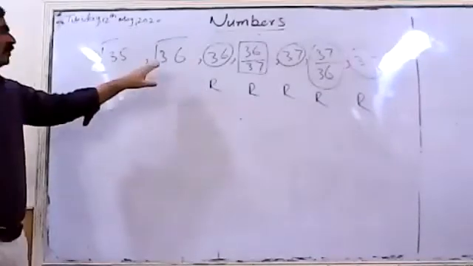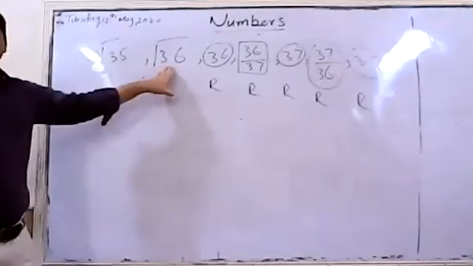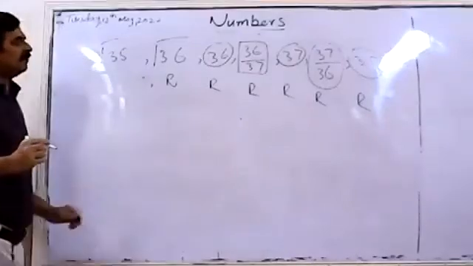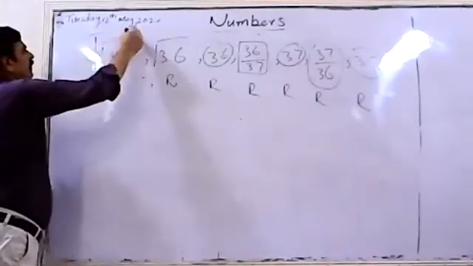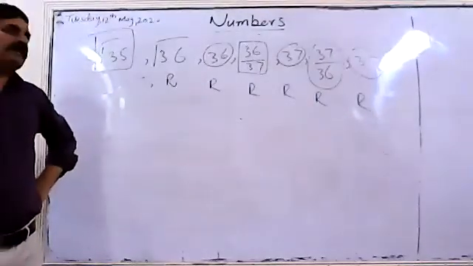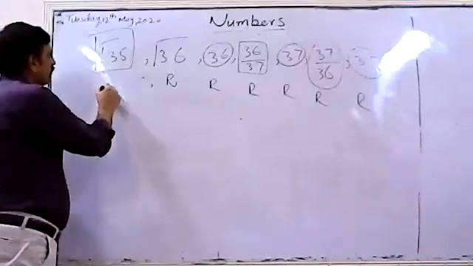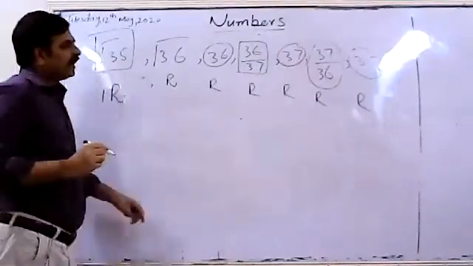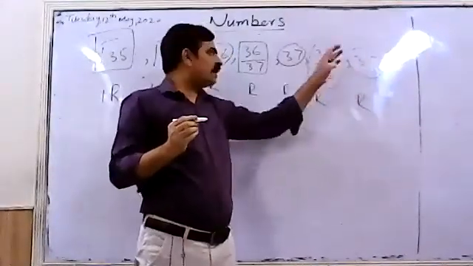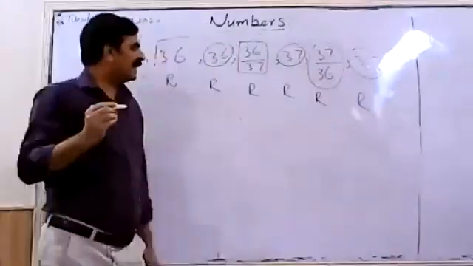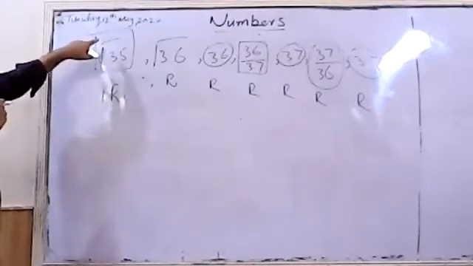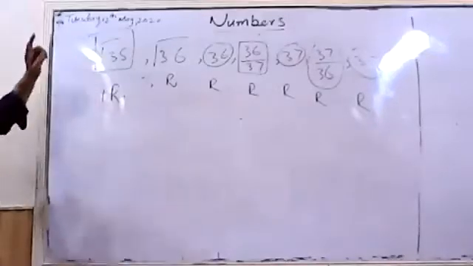If we find the square root of 36, it becomes an exact answer, that is 6. So this is also a rational number. If we talk about the square root of 35, we cannot find an exact answer, so it becomes an irrational number. 3.7, all decimal fractions or simple fractions will be counted as rational numbers. So in this question, the square root of 35 is the only irrational number.